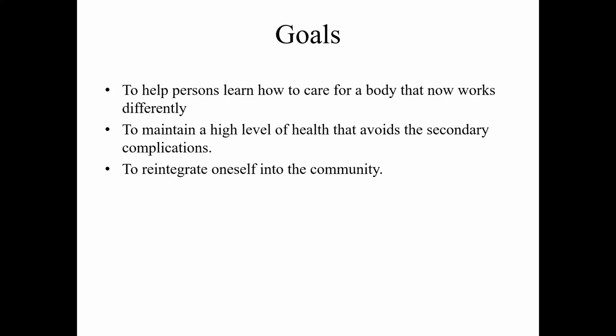So before the particular accident or disease, that particular person may have been a little bit active in the society. Later on, because of the disease, he should not sit in the wheelchair alone. So we make them come back to his own community. Okay, so those are the goals of this rehabilitation.